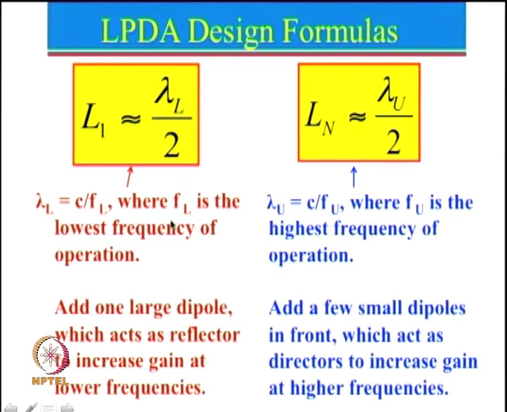So the frequency is smallest, but lambda L will be the largest. Please do not confuse, L is important over here, and so we start with this particular value. That will be the largest length, and this will be the smallest length corresponding to the highest frequency. Higher the frequency, lambda will be small. So ln will be half of that.